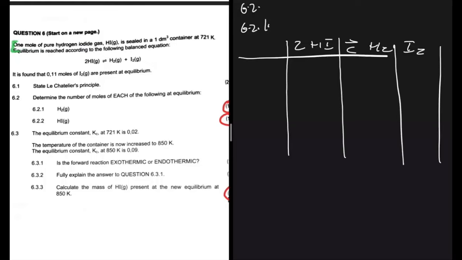So here we're going to have the initial number of moles on the first column, and then here we're going to have the change, and then here we're going to have the number of moles in equilibrium, and the last one we're going to have the concentration. So what we're given here is the initial number of moles of hydrogen iodide.